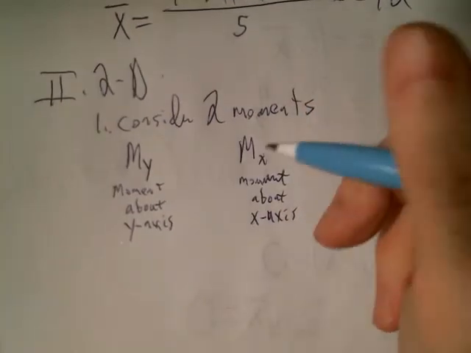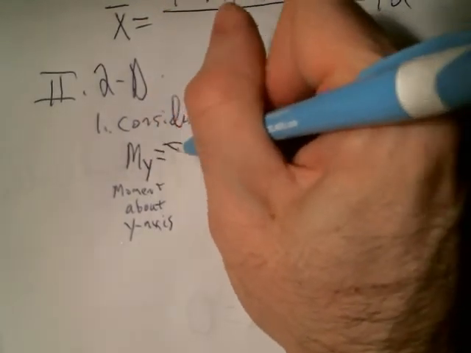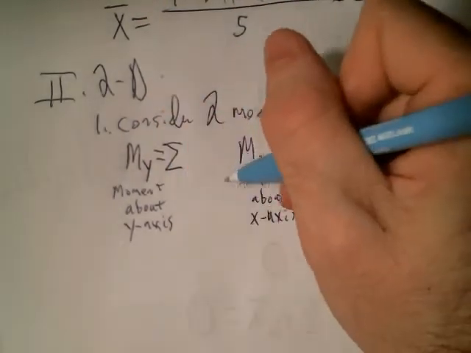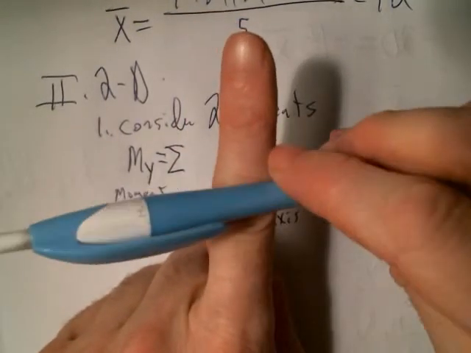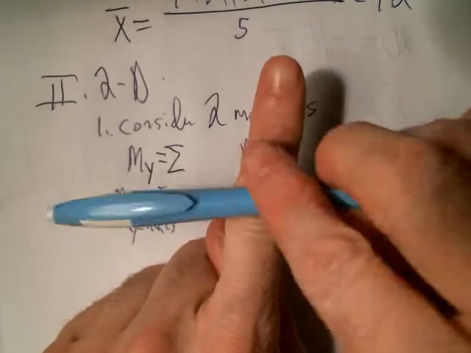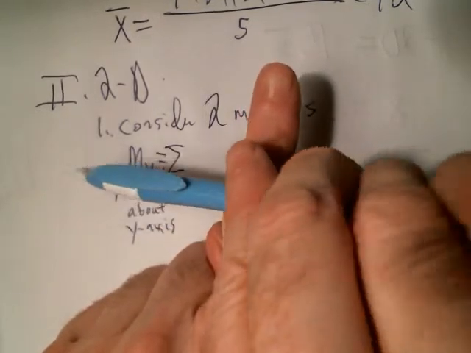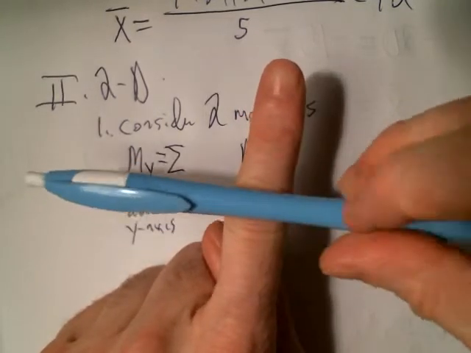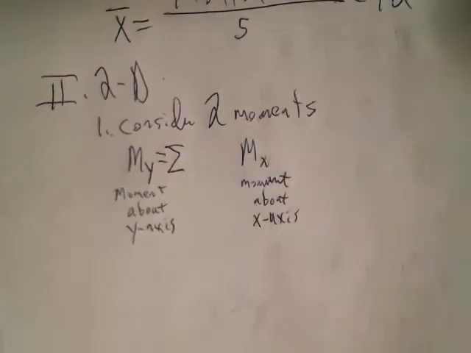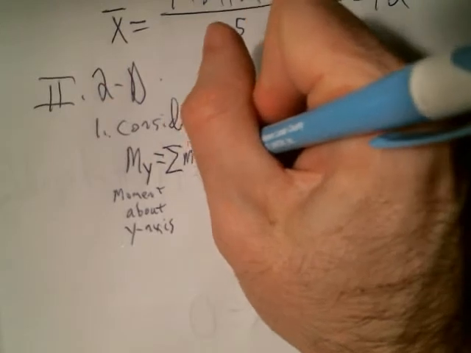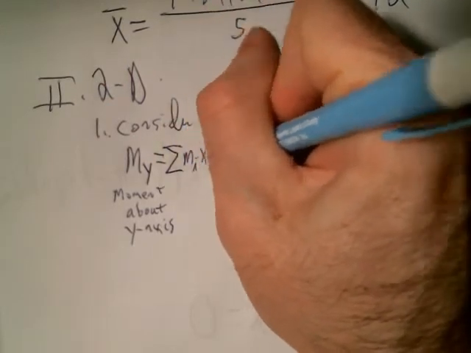Okay. And for the moment about the y-axis, it's the sum of the distances away from the y-axis. So you think of the y-axis, like my finger here, and then the teeter-totter is on the y-axis. Okay, so the moment about the y-axis really corresponds to distances away from the y-axis, which are x distances. Okay, so it's a little confusing, but it'll be m sub i, x sub i.